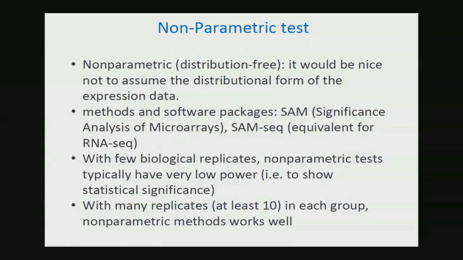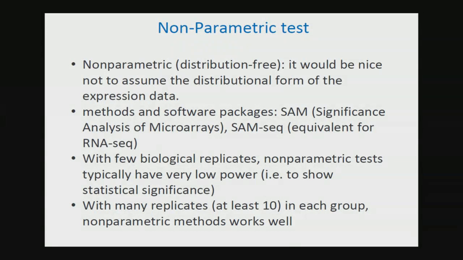And for non-parametric tests, you cannot adjust for covariates. There's no sophisticated modeling structure because it's not model-based, it's just distribution-free. So you don't have a framework for covariate adjustment or for accounting for the correlated structure of the data. So that's another drawback of using non-parametric tests.